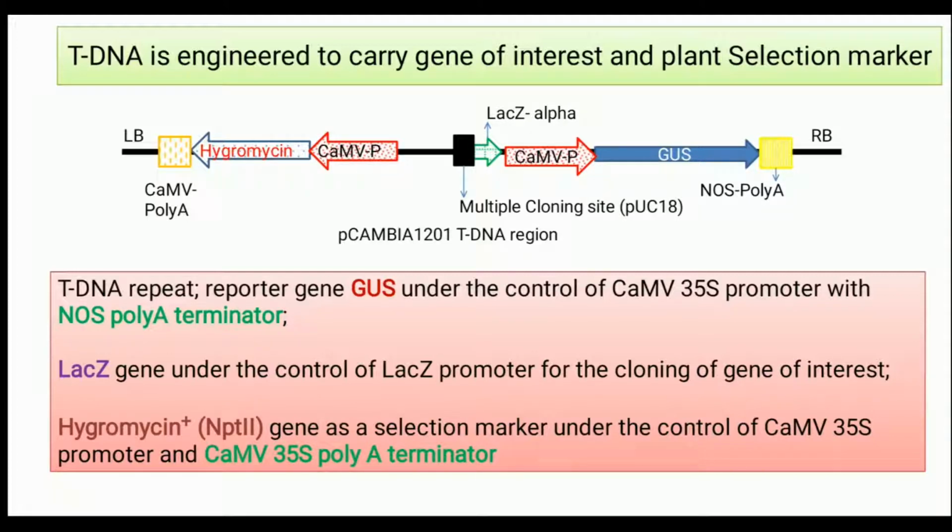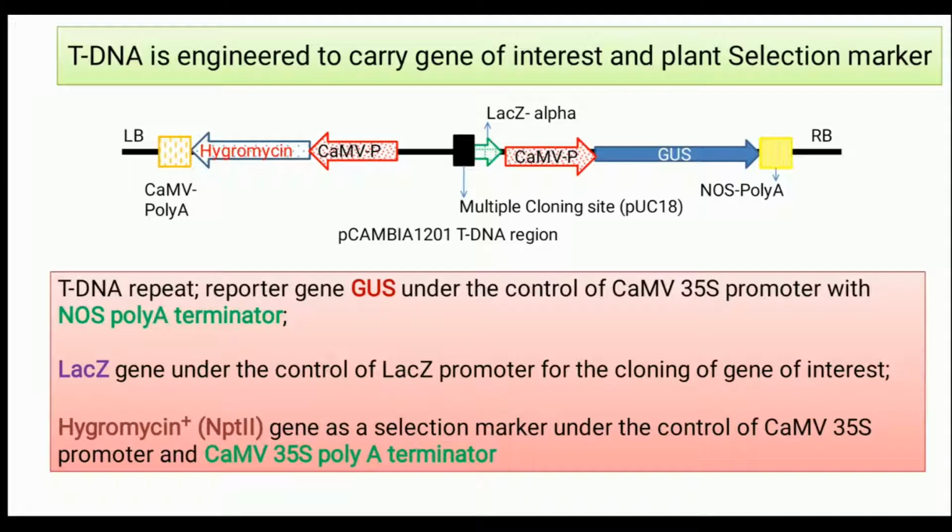As a selection marker, here hygromycin is used as a plant selection marker, driven by the cauliflower mosaic virus promoter, and it has a stop signal or terminator signal from the cauliflower mosaic virus poly A signal. And in the middle we have a lac promoter followed by the lacZ alpha gene, and in between there is a multiple cloning site region. Here we can insert our gene of interest.